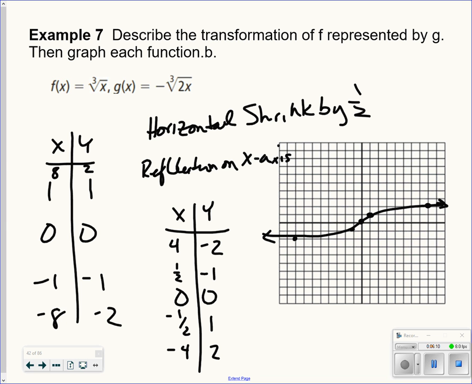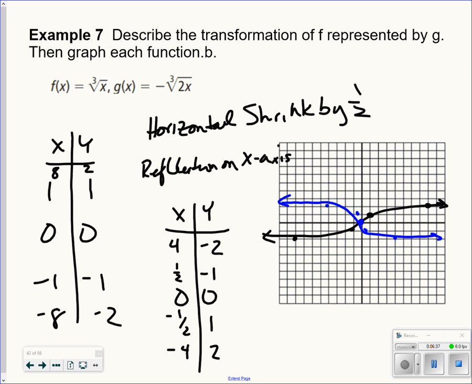And I'm going to, again, use a different color here to try to show this. 0 is still 0. A half, -1. Again, I'm graphing these. So it still makes a zigzag, but it's a zigzag going the other direction.